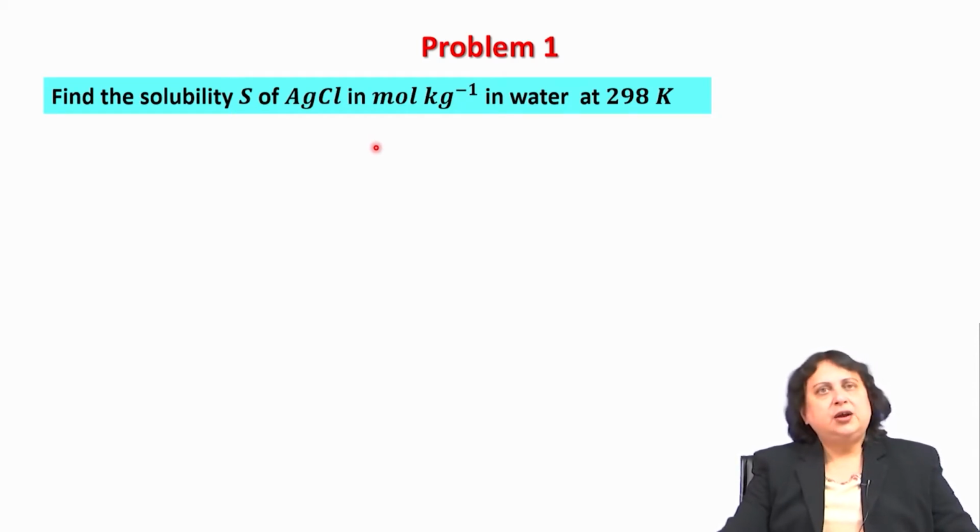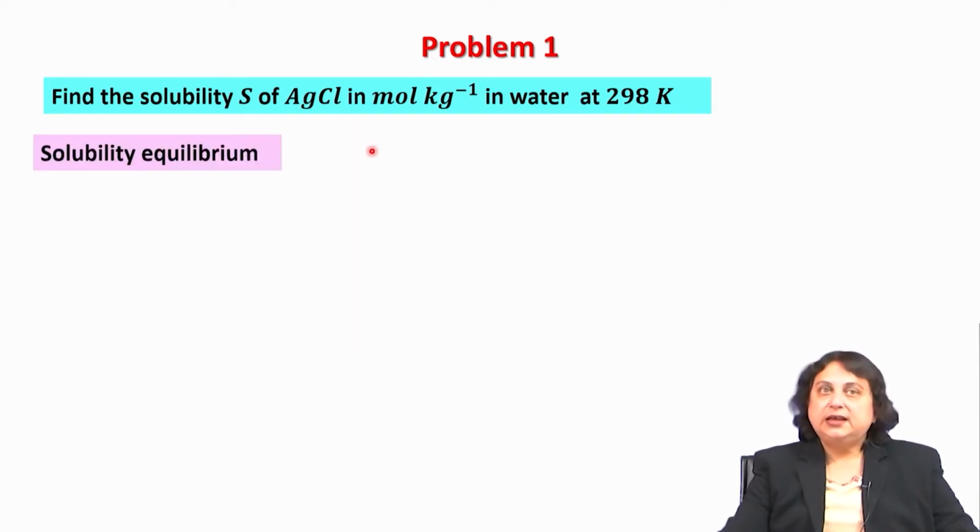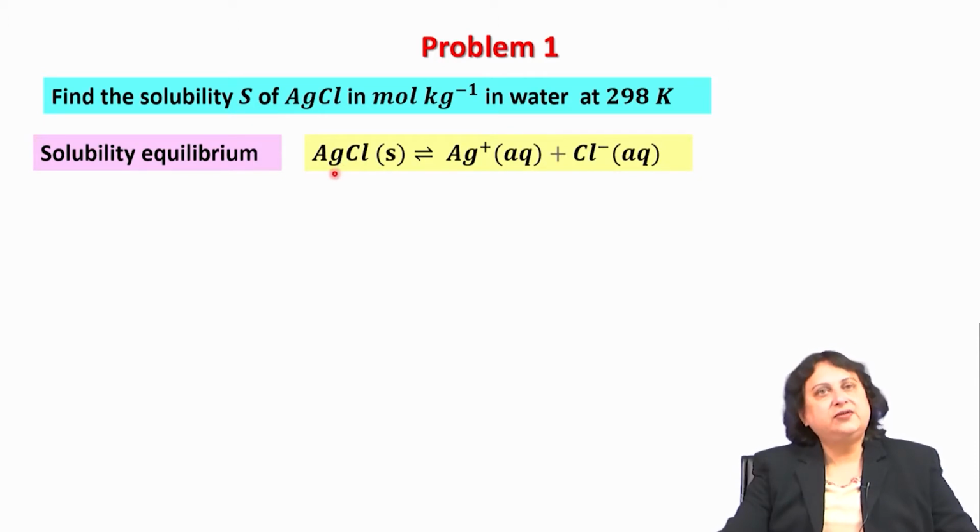But before we proceed any further, let us have a look at the equilibrium that this particular solubility of silver chloride in water describes. So, what I have is silver chloride solid. This, when put in water, partially dissociates into Ag+ aqueous plus Cl- aqueous.